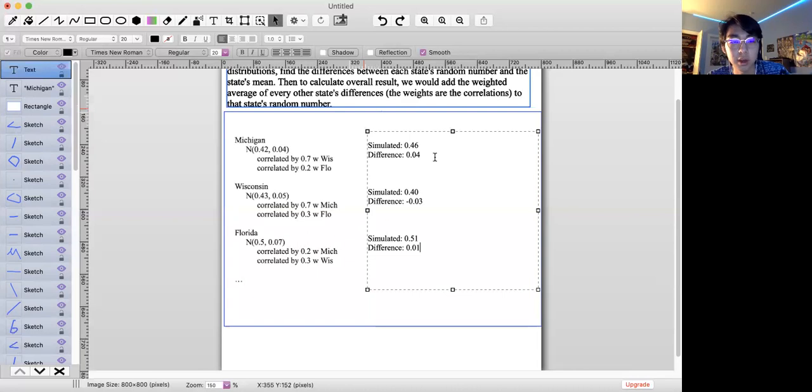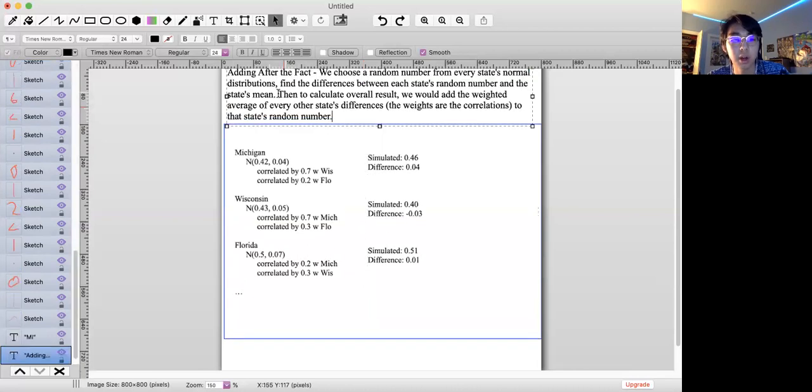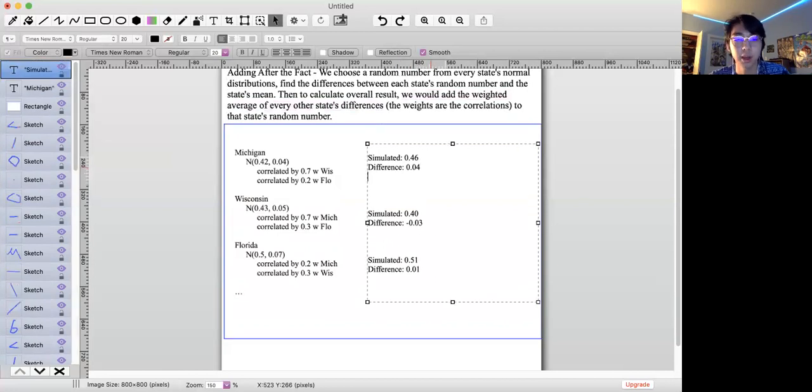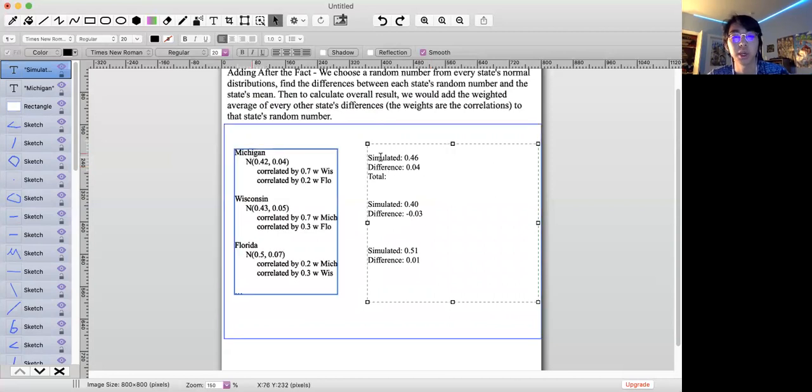And now the most confusing part is then to calculate the overall result, we would add the weighted average of each other state's differences to that state's random number. And to explain that, this overall result would be, for Michigan at least, its simulated value, which is 0.46, plus the weighted average of every other state's differences.